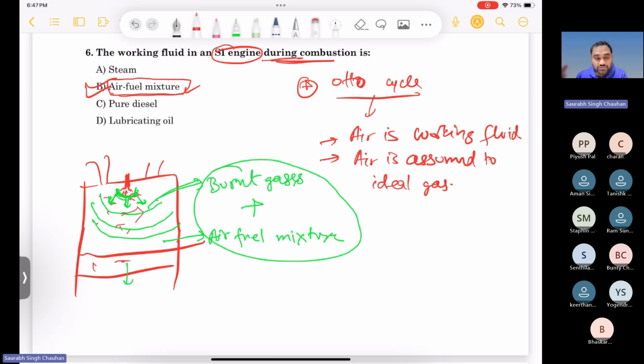Have you seen those not very good vehicles that emit white smoke? That is basically because lubricating oil is also burning. In those cases you need to change your piston rings. But anyways, I hope this is clear. Steam is not used in reciprocating engines.